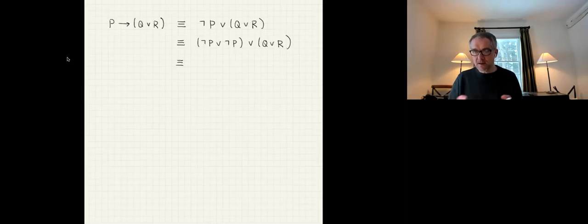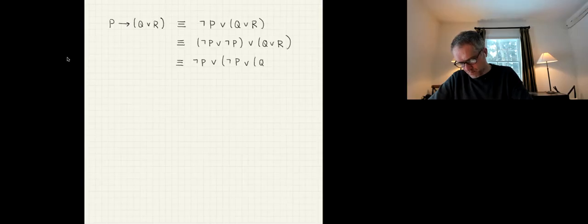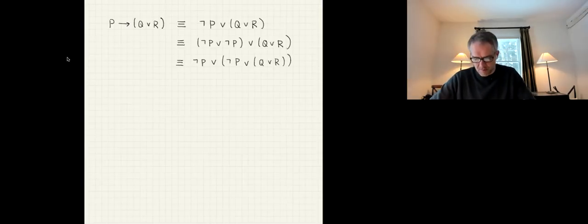Okay, so now in this case, I'm going to use the commutativity and associativity of or a couple times here to move stuff around. I'm going to start by pushing the parentheses over here. So that's just the associativity of or.